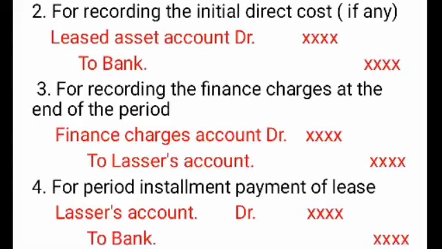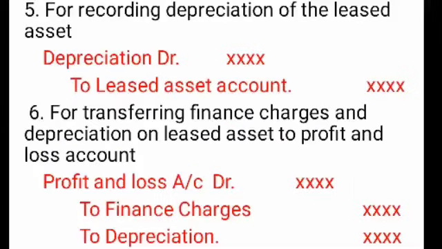Then the fourth one, for periodic installment payment of lease. The installment amount will be paid periodically, and for each installment paid, we should pass a journal entry: lessor's account debit to bank. The fifth one, for recording depreciation of the leased asset.